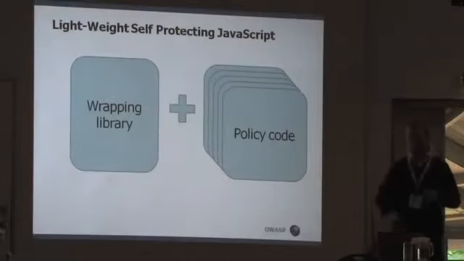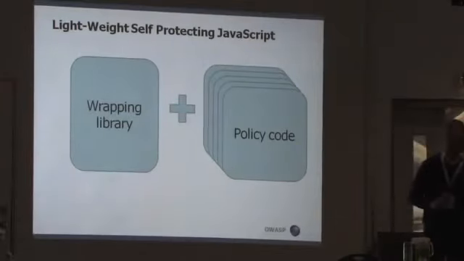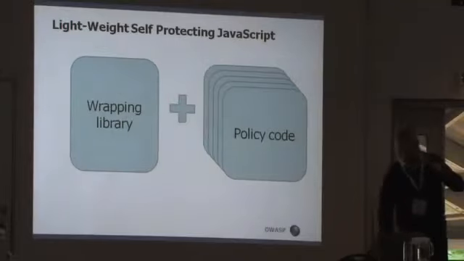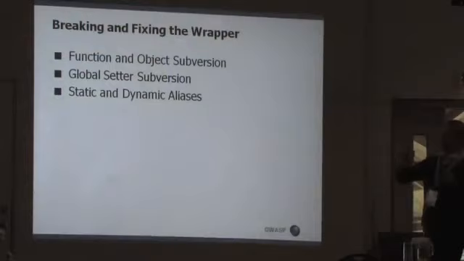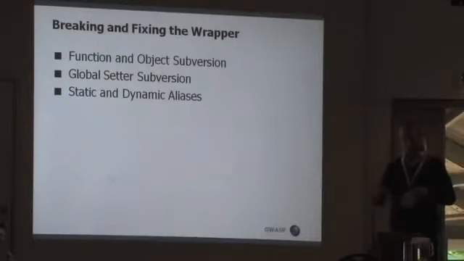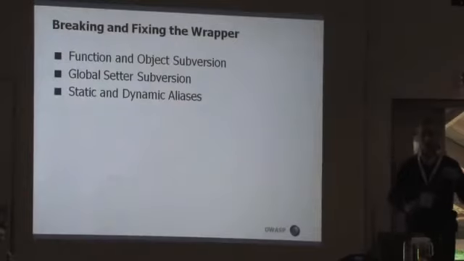That is basically what the paper is about, and what I will be presenting today. When it comes to the wrapper, 3 types of attacks were found. Together we discussed and came up with solutions to these attacks.